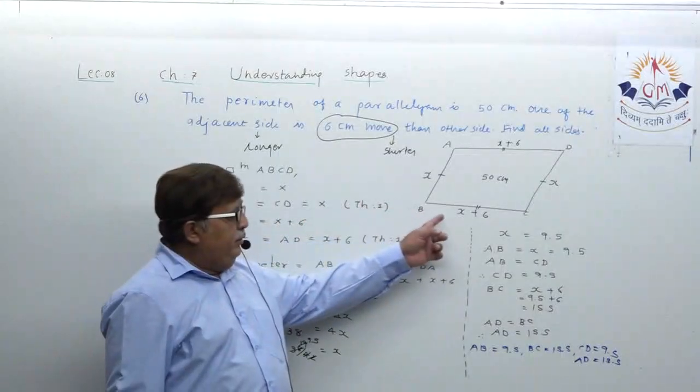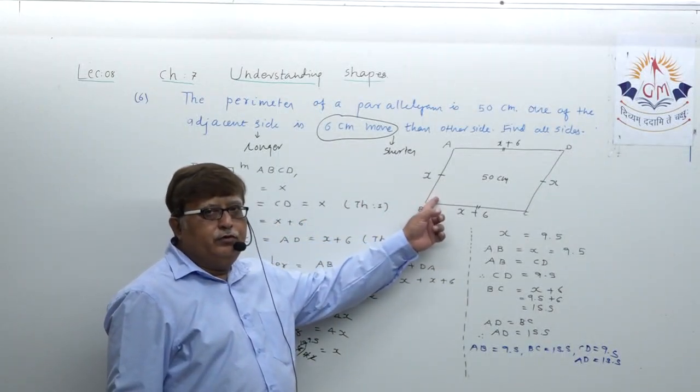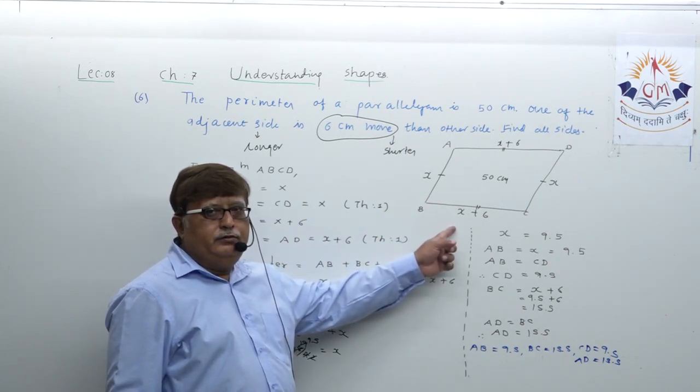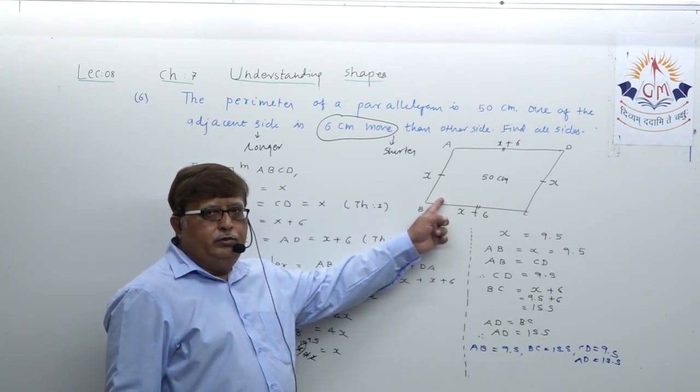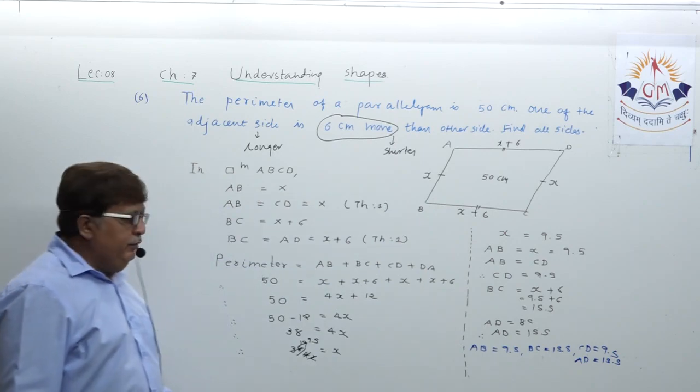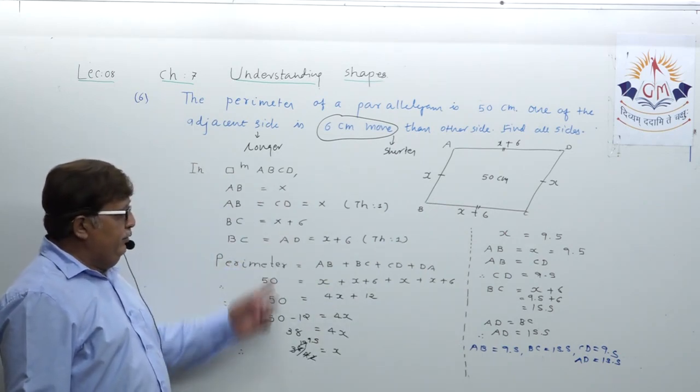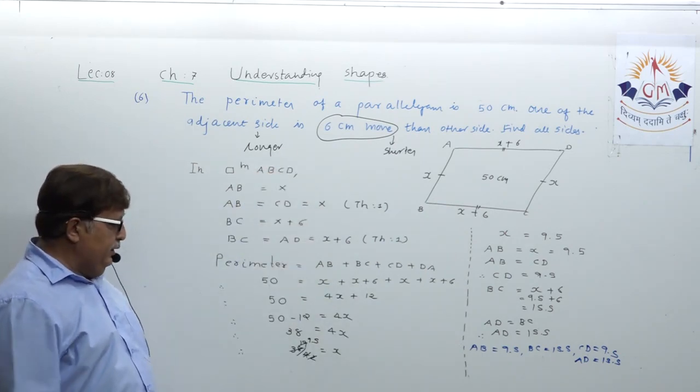Longer is 6 more than the shorter, shorter is x, BC x plus 6, obviously opposite side.